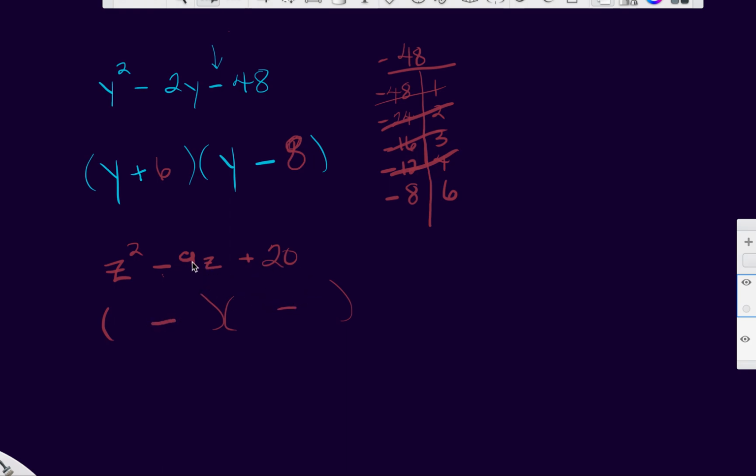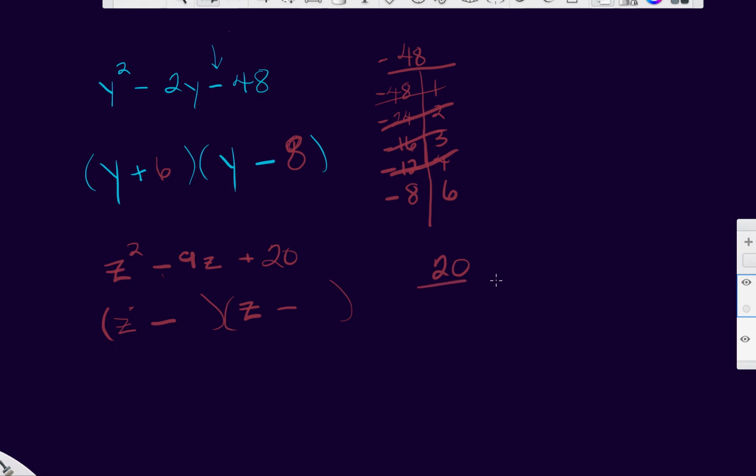I hope you understand that every time I use the word negative and subtraction, their meaning is basically the same. So z times z gives me z squared. And then now I'm going to look for factors of 20 that add up to negative 9. They're both going to be negatives. So factors of 20 that add up to 9.